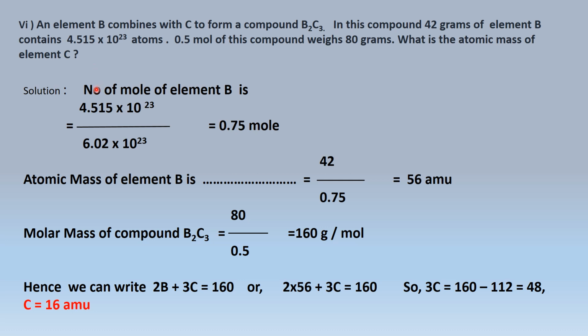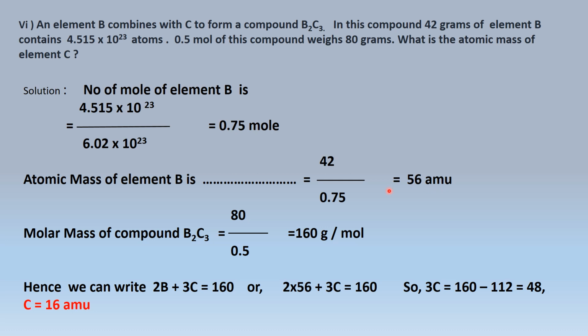As a matter of fact, you do not know the atomic mass of element B either, but some data is given, from which initially you are to determine the atomic mass of element B, then C. Number of moles of element B, this many atoms divided by Avogadro, that means 0.75 mole. So the atomic mass of element B, 42 divided by this mole, is 56.